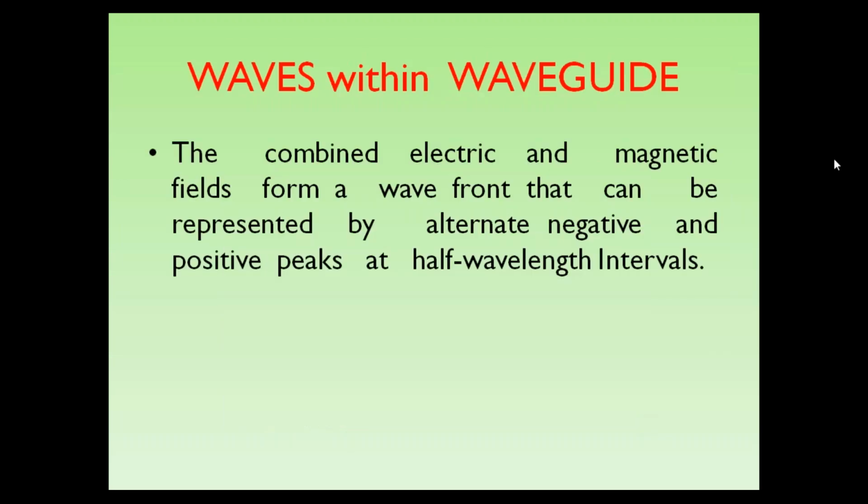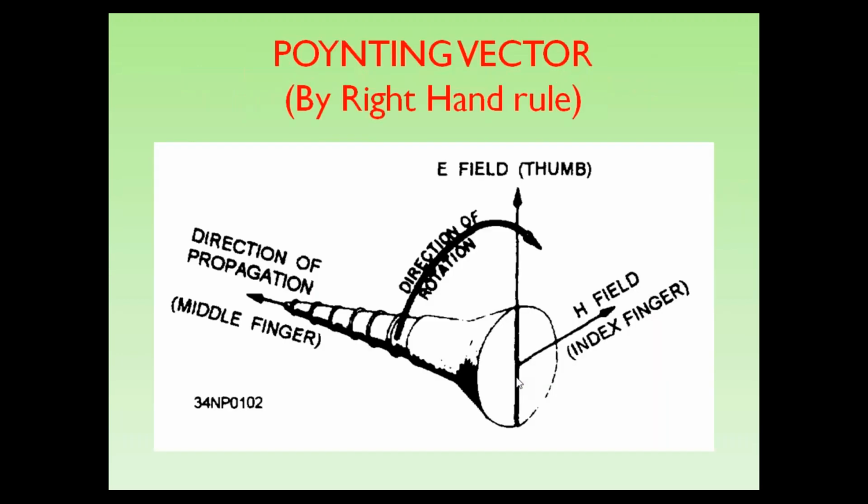Then how do the waves within the waveguides transmit? The combination of the electric field and magnetic field forms a wavefront that can be represented by alternating negative and positive peaks at half-wavelength intervals.